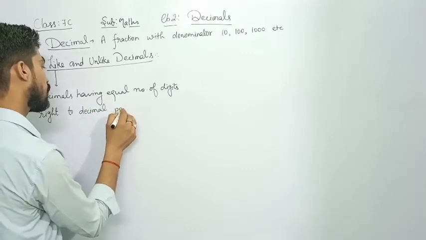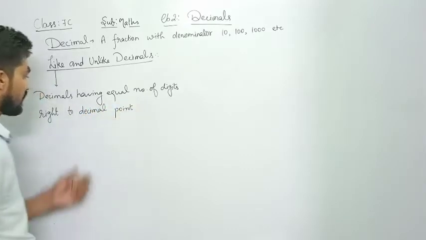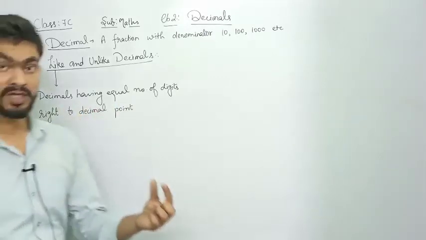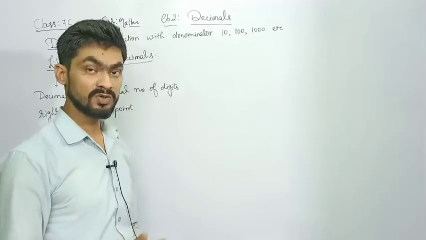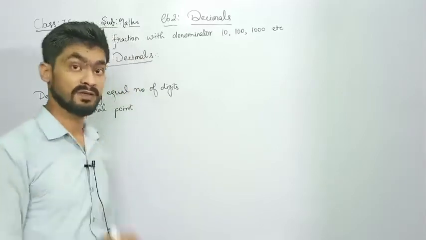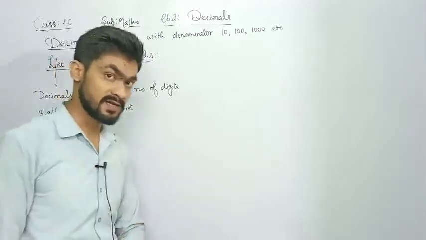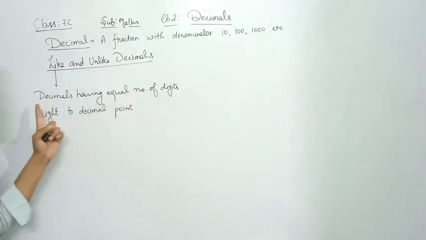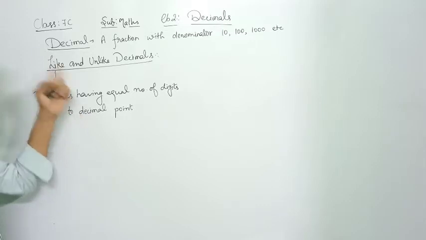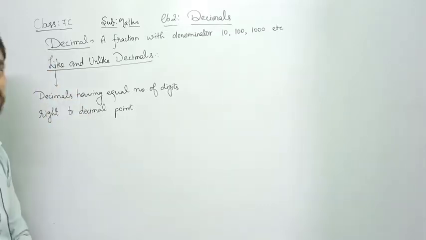And do you know which country has the credit of discovering zero and decimal? It is our great India. Now, decimals having an equal number of digits right of the decimal point are known as like decimals.